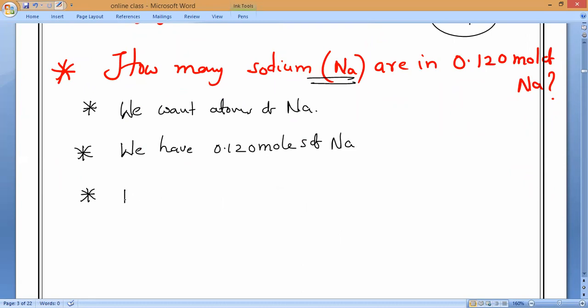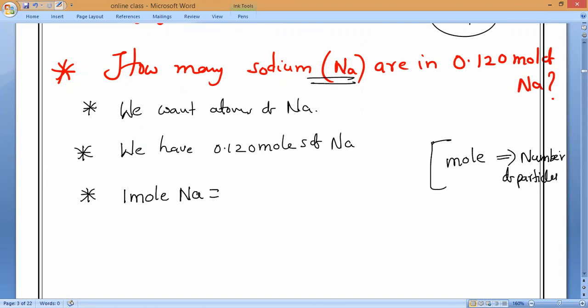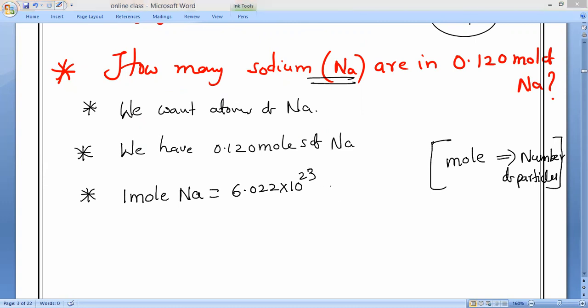So we know 1 mole of any substance is equal to how many particles? All of you. Avogadro number. That is right. 1 mole of sodium atoms is equal to 6.022 times 10 power 23 atoms of sodium.